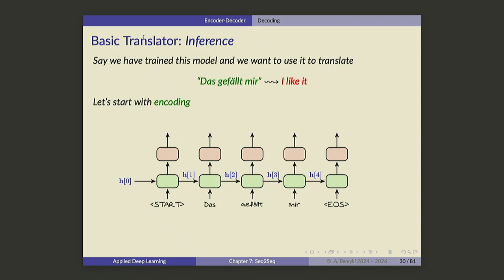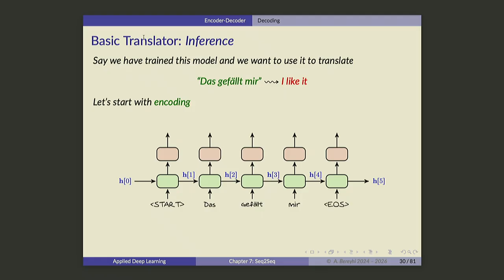It's just somehow memorizing that it's a sentence, it's talking about something, and someone who is the first person singular is liking it. So it's a kind of concept being encoded into this hidden state. Once it sees the end of sentence, this is the last token. So it's a short sentence talking about that.